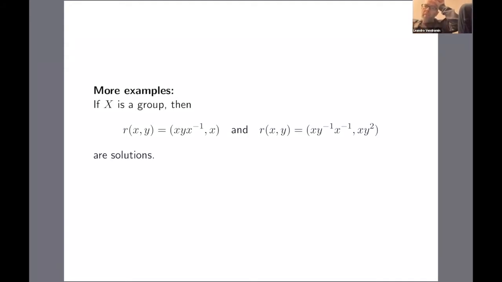Here I have to mention something which I find quite amazing. If you do x times y here, you get x times y. And if you do this guy times this guy, again, you get x times y. And the same happens here, right? If you multiply the first coordinate by the second coordinate, again, you get x times y.